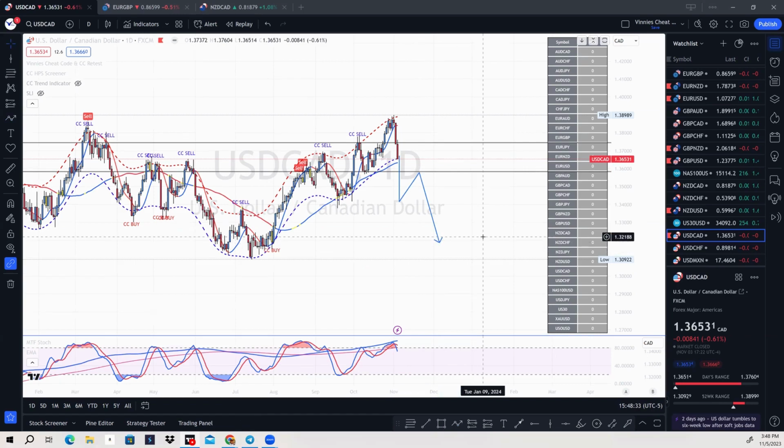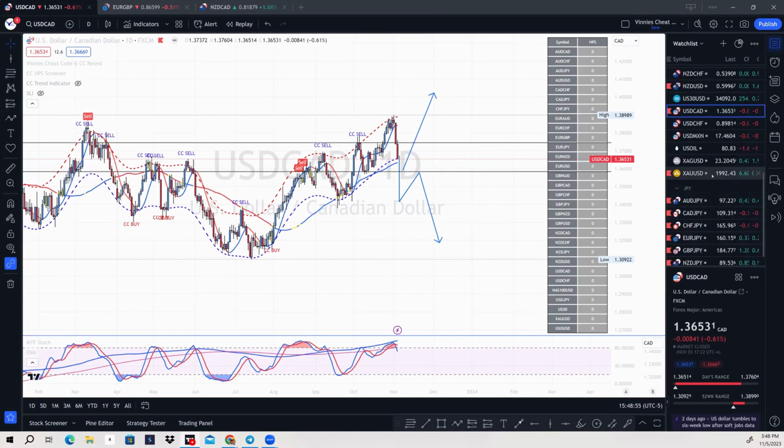That is my expectation. Now that's one scenario, or price could come down here and then continue higher with the overall trend. But again, my expectation is for price to continue lower on the dollar. I'm expecting the dollar to fall.